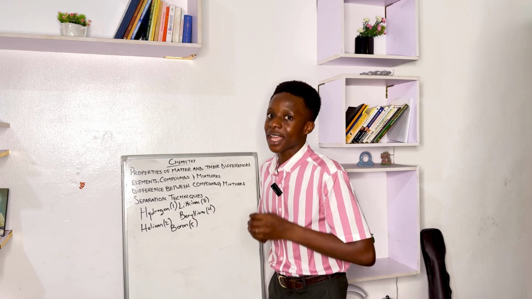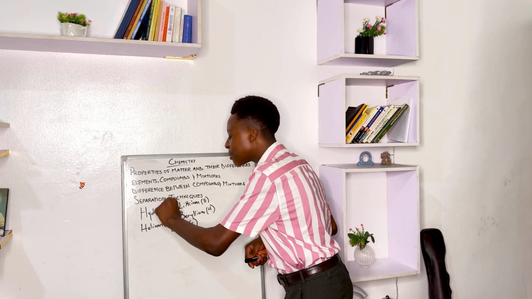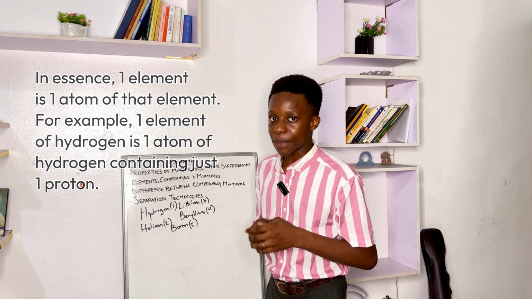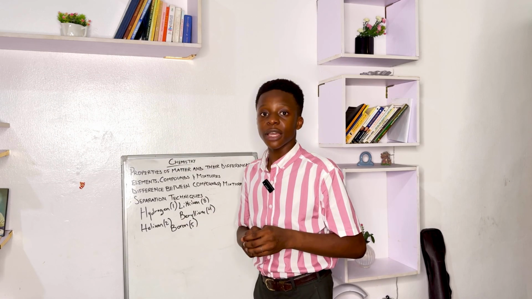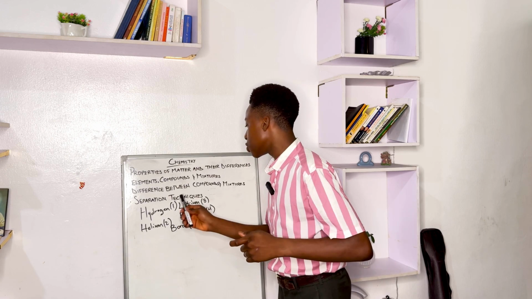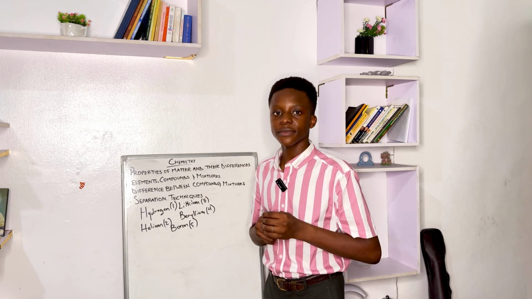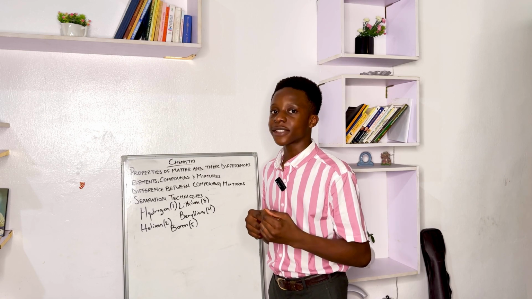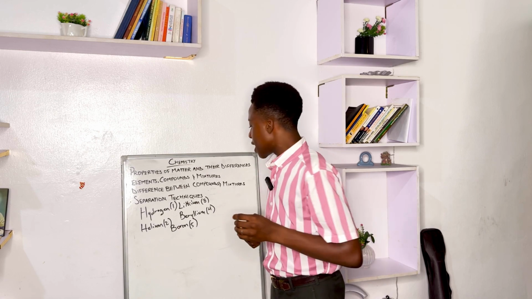These are all elements, like I said. So an element of hydrogen consists of similar hydrogen atoms made of the same protons. An element of helium consists of helium atoms of the same protons. Also remember that the number of protons that an atom has, which an element consists of, is the atomic number of the element.